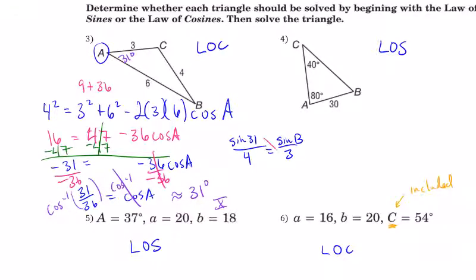Then we cross multiply, so we get 3 sine 31 equals 4 sine B. Divide both sides by 4, and we get sine B equals 3 sine 31 over 4.